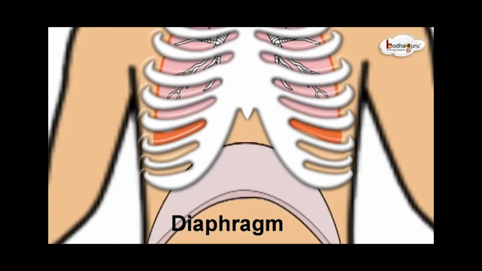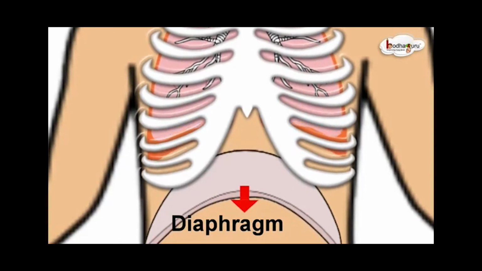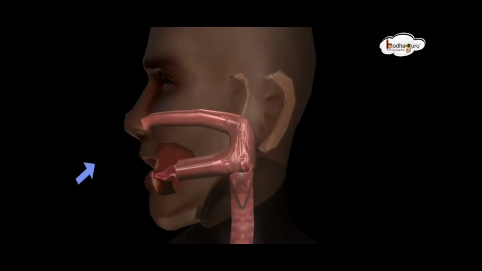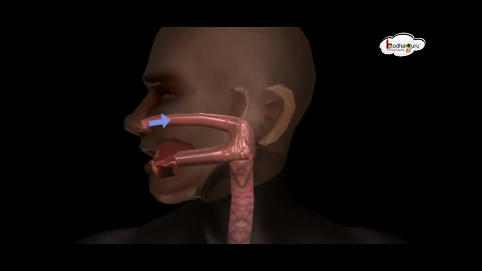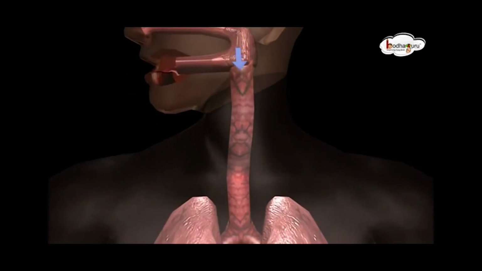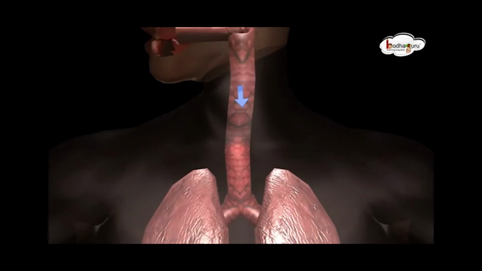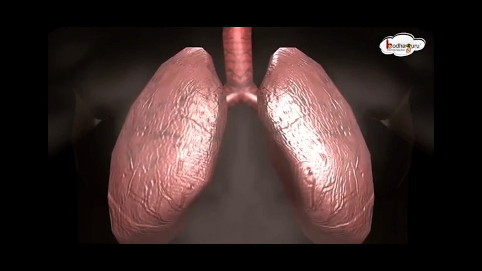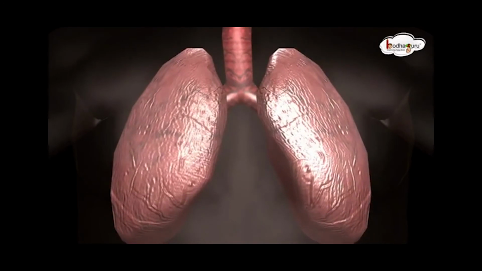When the diaphragm goes down, it makes the chest cavity larger. Air enters our body through the nostrils of our nose. Then the air travels through a pipe called windpipe or trachea. The air enters the two branches of the pipe, which are called bronchi. Then finally the air goes to the lungs and inflates the lungs.